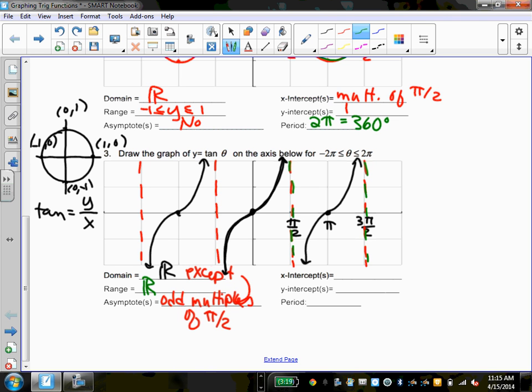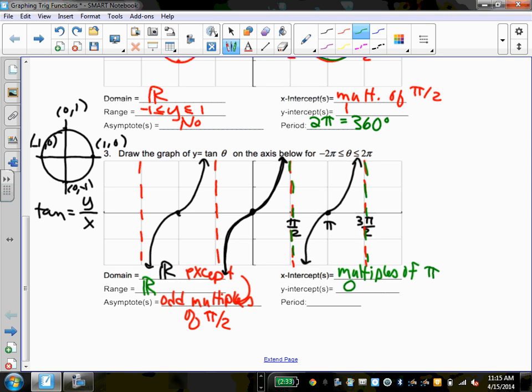The x-intercepts are multiples of pi, or 180 degrees. The y-intercept is 0. The tangent of 0 is 0.